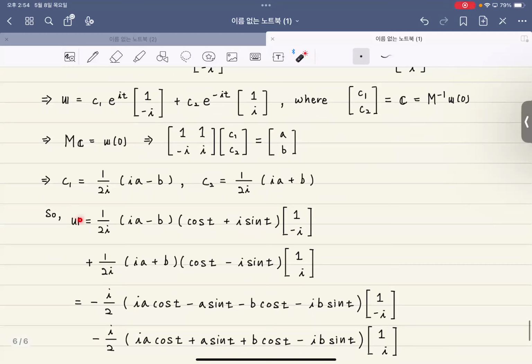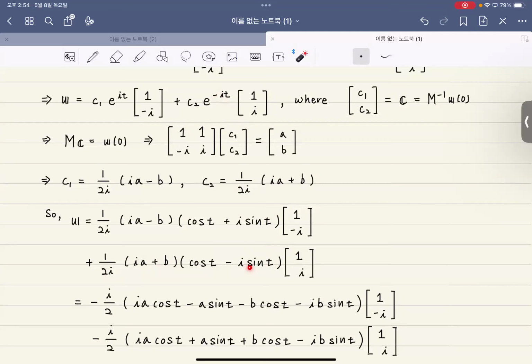So U is C1 times this guy, but according to Euler's formula, e to the it can be written as cosine plus i sine, right? And times this eigenvector, plus C2, which is this, times, now this is minus it, right?